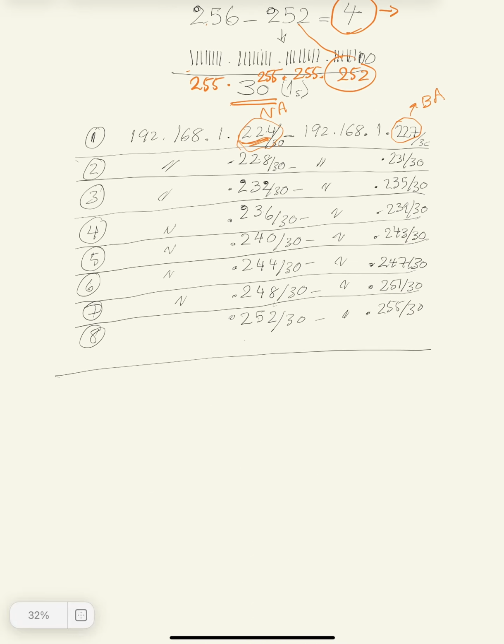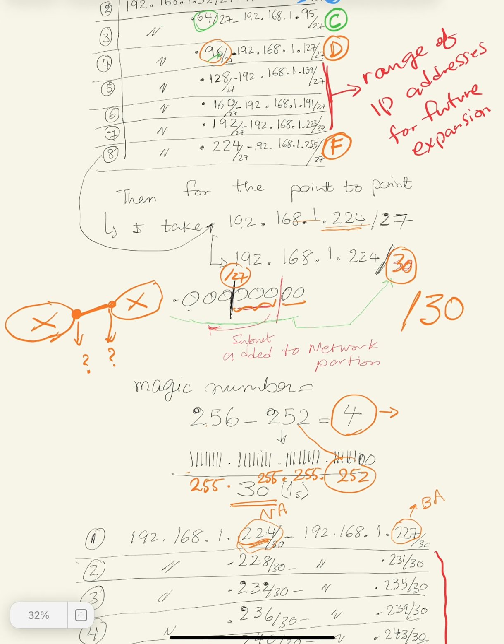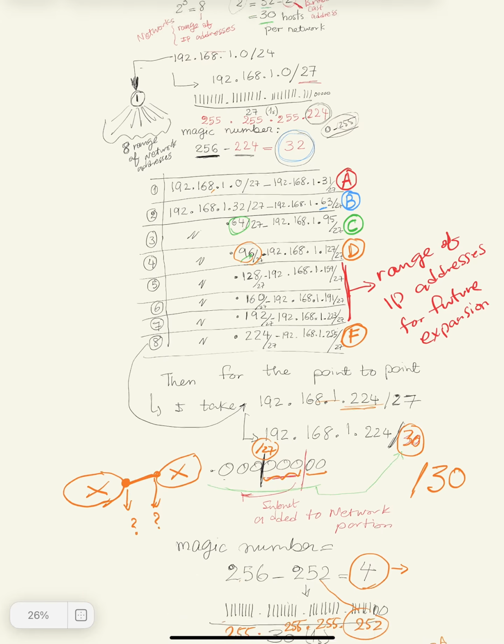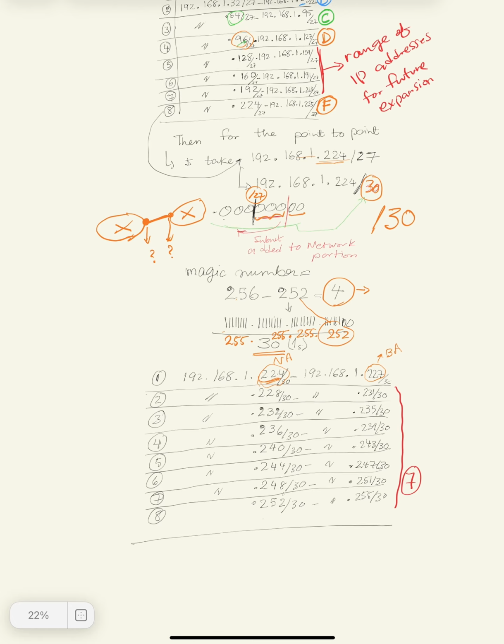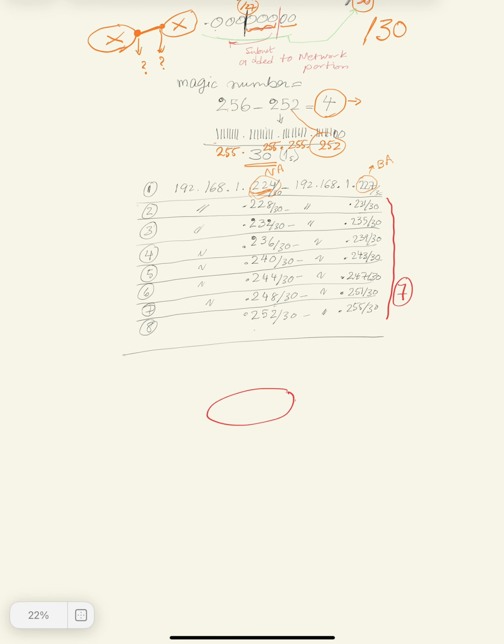And also for point to point, you have 7 point to point numbers available for future expansion. I mean here, for instance, if I have a router and only one server, I can give a point to point number, which in my case is prefix 30.